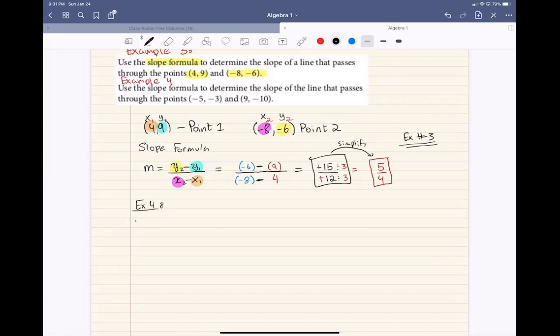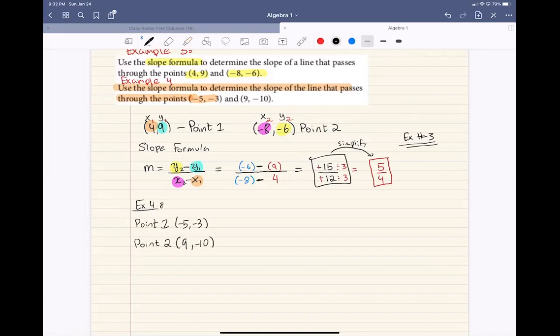Example 4, we're going to call point 1 now -5 and -3, right? That comes from right here. And it's the same thing. Determine the slope. And point 2 is going to be 9, -10.